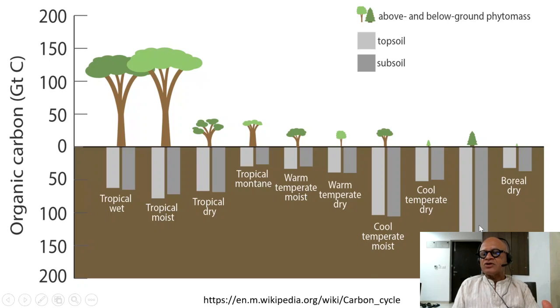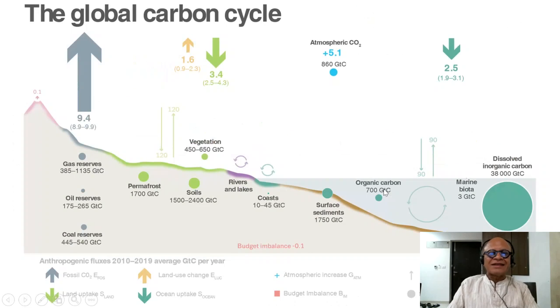Boreal moist, topsoil and subsoil, fairly the largest of the reservoirs of organic carbon reservoirs over land, and there is boreal dry. Okay, just keep in mind the relative sizes of these reservoirs plus the kind of dependence on the ecosystems and latitudes, and especially temperatures, which control heterotrophic respiration and release of carbon.